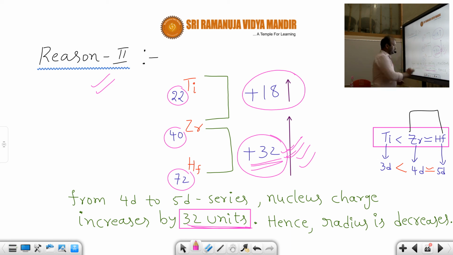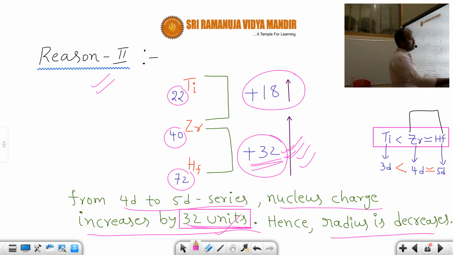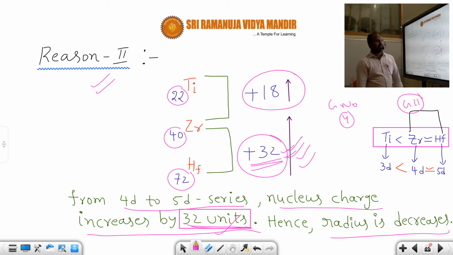From 4d to 5d series, nuclear charge increases by 32 units, so atomic radius decreases. That's why zirconium and hafnium both have similar atomic radius. This trend we can observe from group number 4, titanium, zirconium, hafnium, up to group number 11, copper, silver, gold. This is the second case.